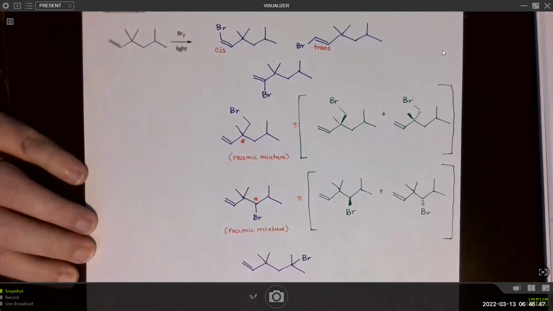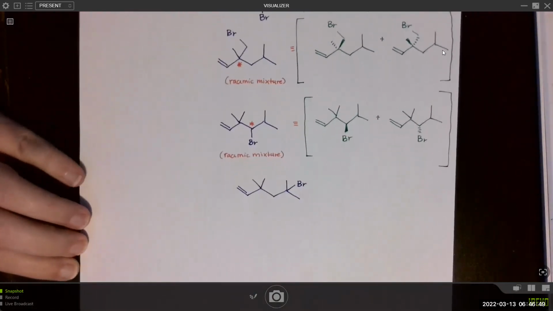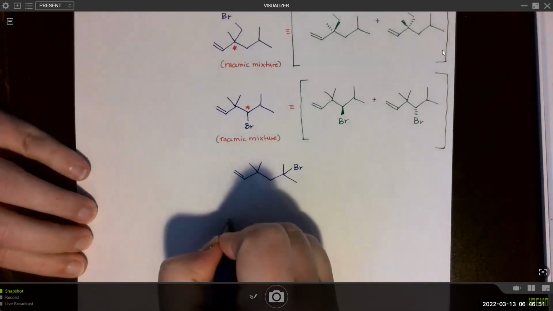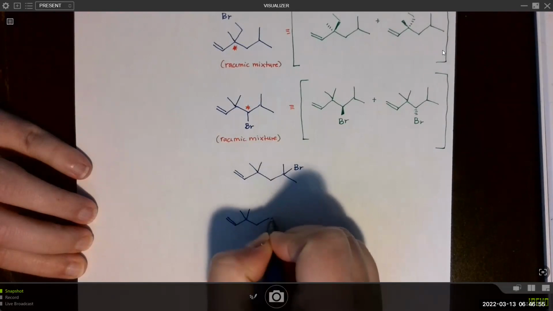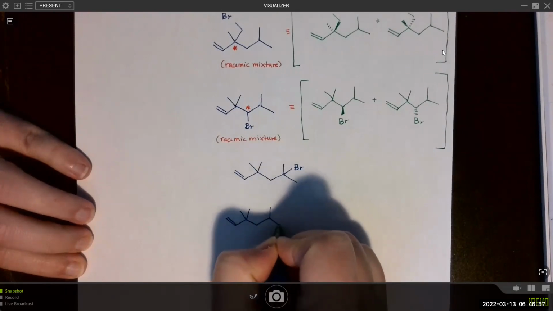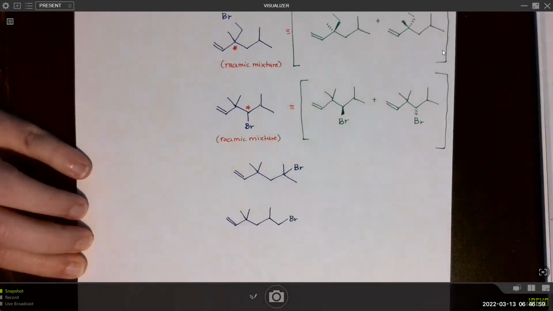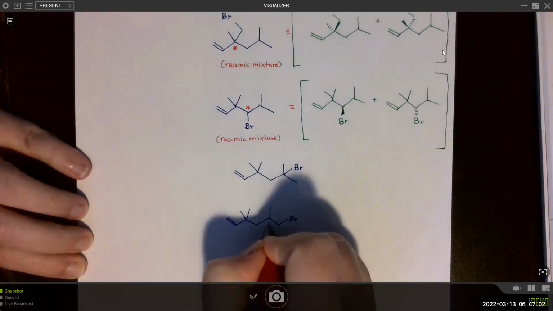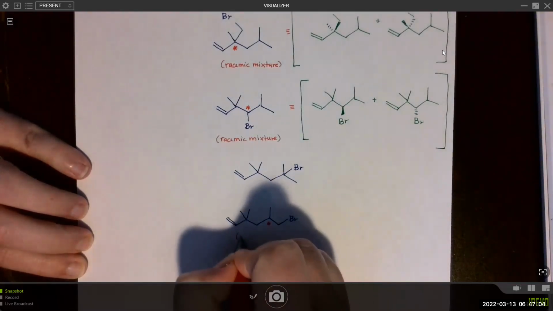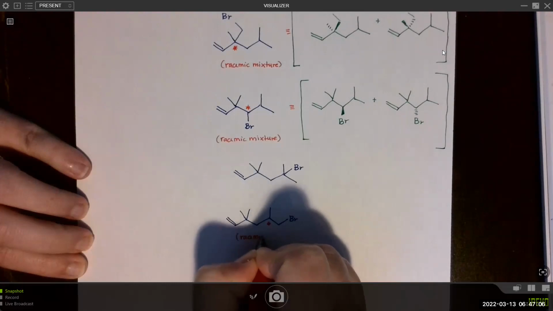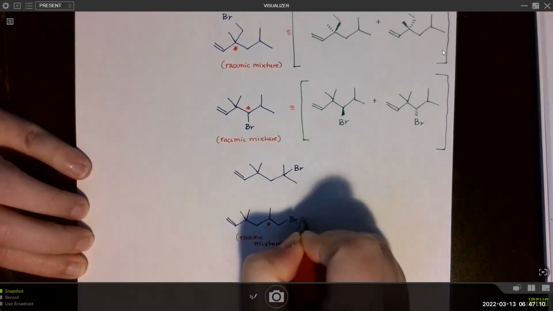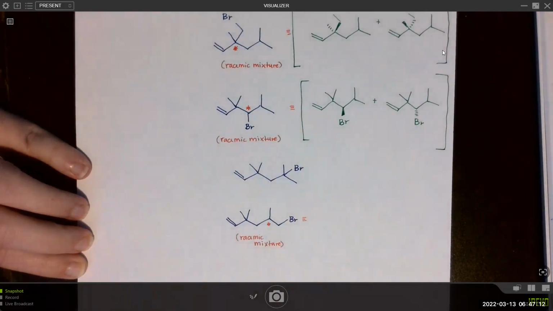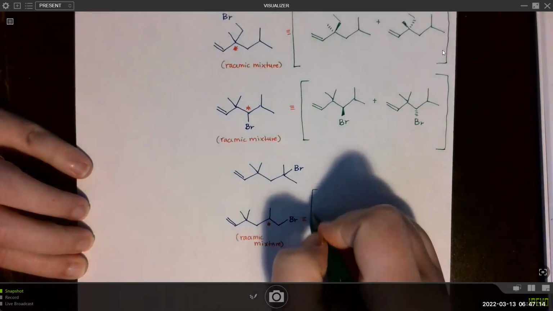Now it would have 4 different groups attached. Let's draw that last possibility. Draw that out.